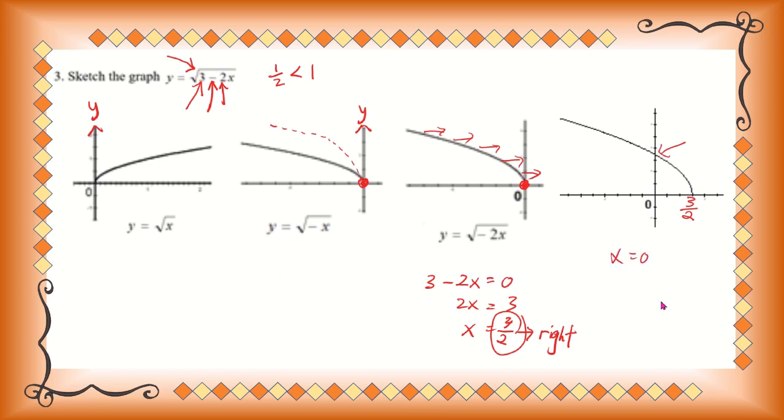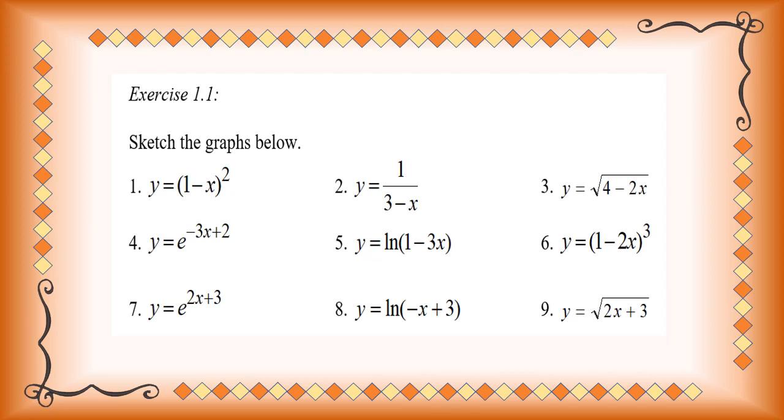So we sub into the equation. So y is square root of 3. So means the new y-intercept is square root of 3. Then after that, please make sure all the labels are complete. So finally, this is the curve. Now you can try this exercise.